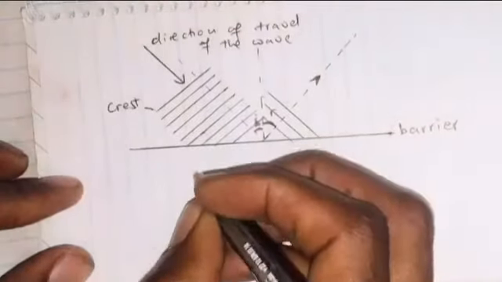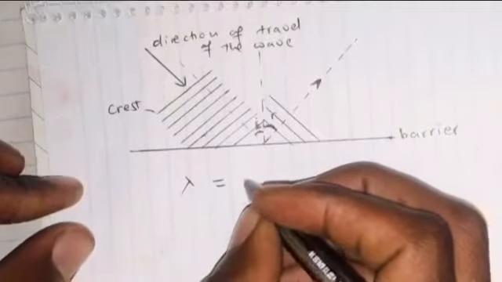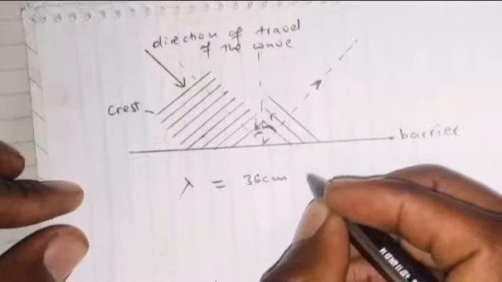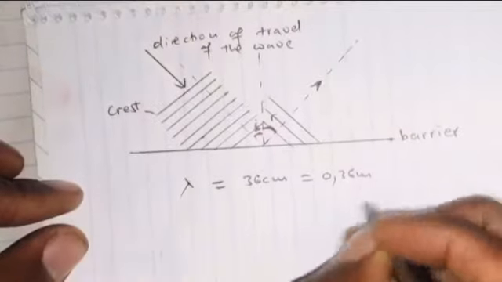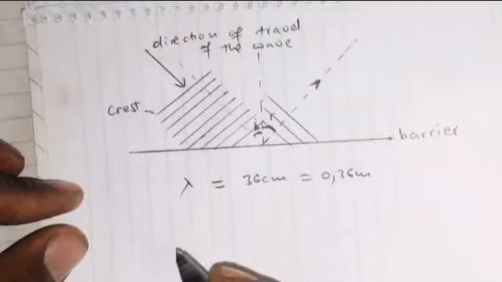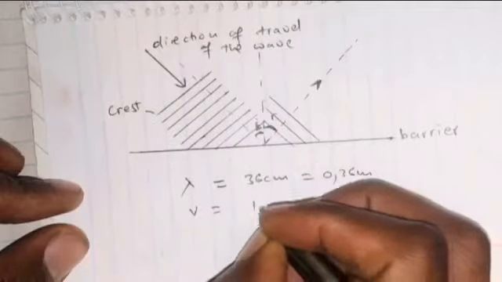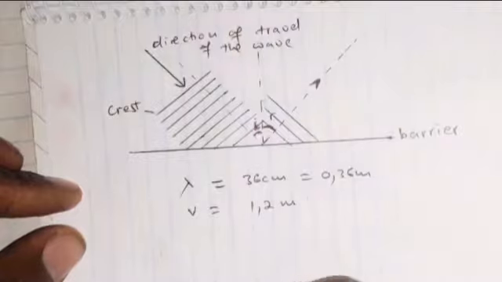It's got the wavelength equal to 36 centimeters, which is equal to 0.36 meters. And the speed, which is v, is equal to 1.2 meters per second. They're asking for the frequency.